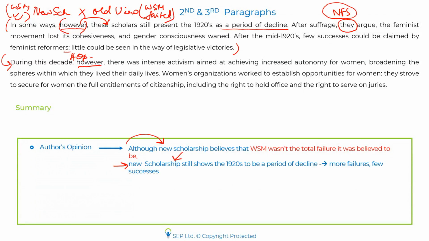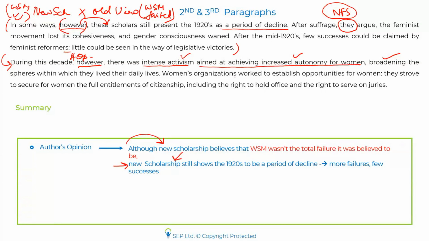The author is saying during this decade, meaning the 1920s, however, there was intense activism aimed at achieving increased autonomy for women. So the author believes that there was some activism to increase self-governance for women, broadening the spheres within which they live their daily lives. So the author believes something good was happening in that one decade.